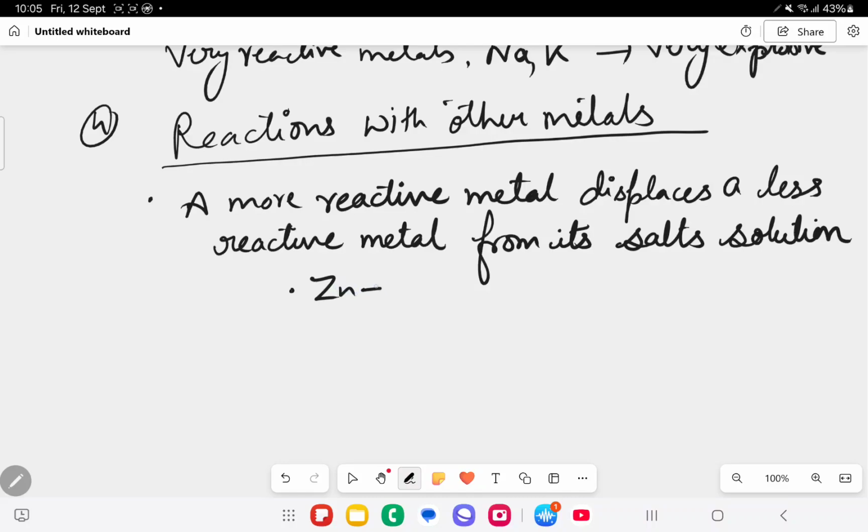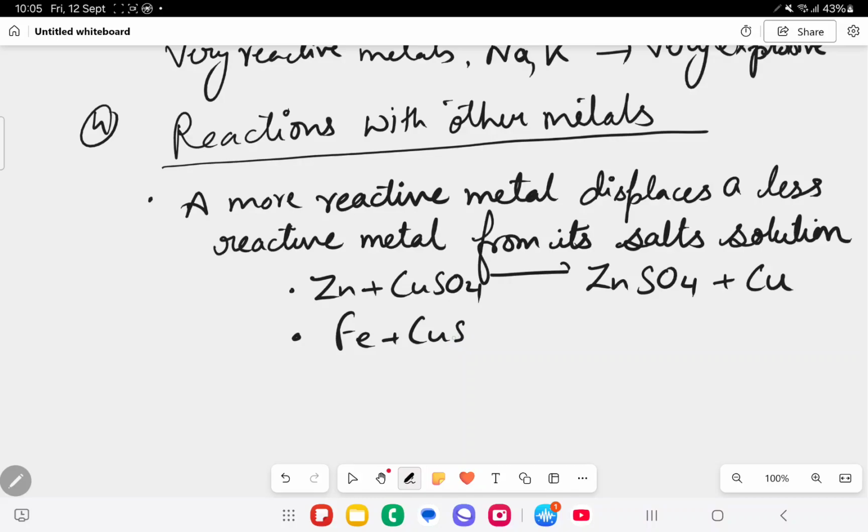Here Zn plus CuSO4: the more reactive metal will displace the less reactive metal from its salt. Or we can say Fe plus CuSO4 gives FeSO4 plus Cu.